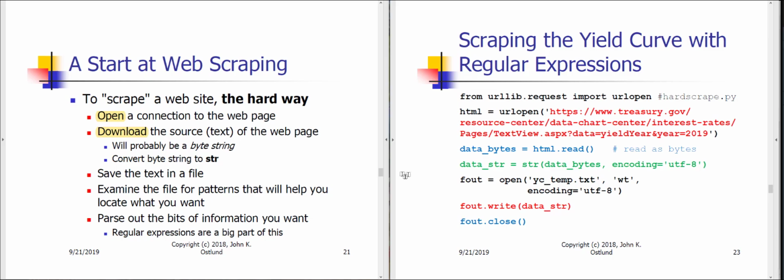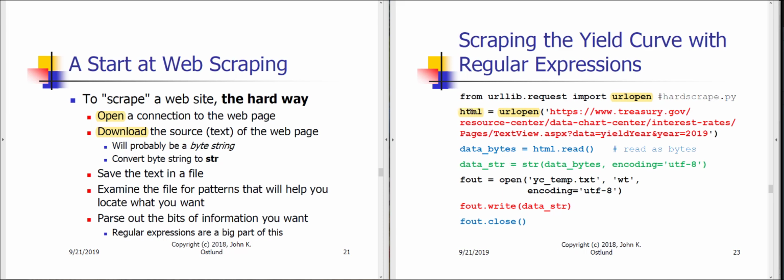All right, so here on the right-hand screen on slide 23, we've written the code for doing the steps described here on slide 21. First, in order to be able to open the connection to the web page, we're going to need the URL open function from a module named urllib.request. So we're going to import that, and then we're going to open our connection to that website.